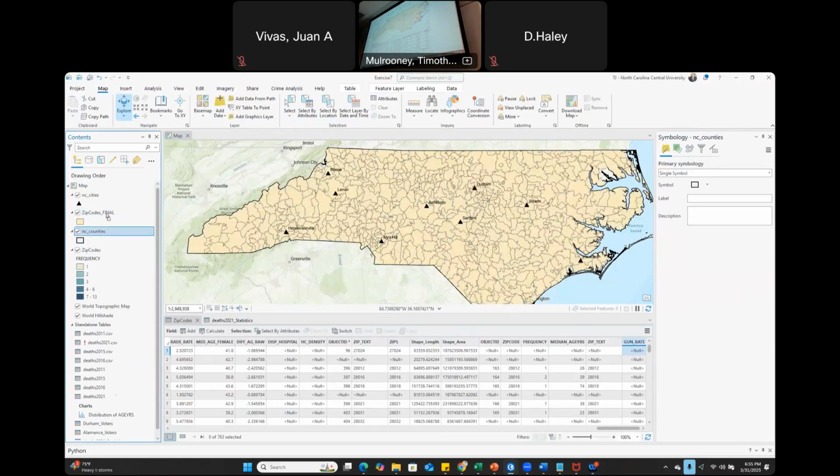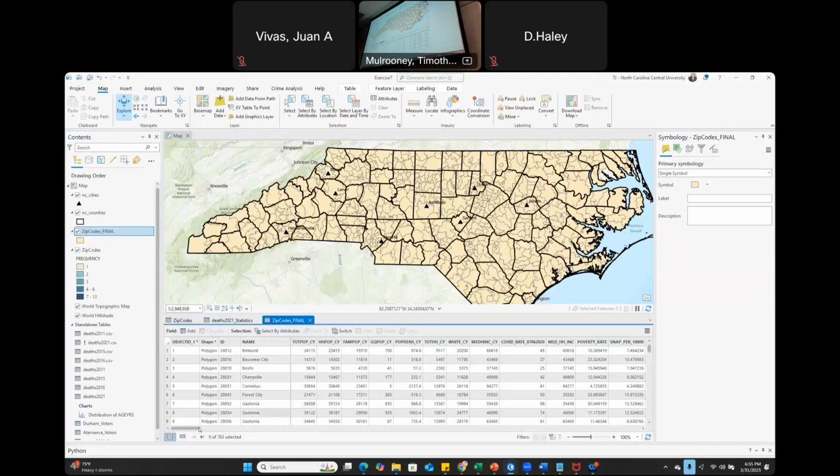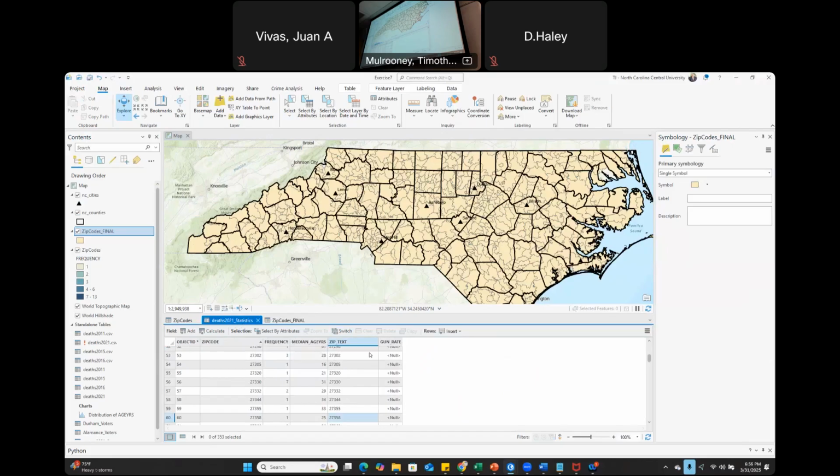For now, I just want to calculate the gun rate. It didn't like this gun rate because it's saying, hey, you have a join, it's connected to something else, but you're trying to calculate the connected table within it.